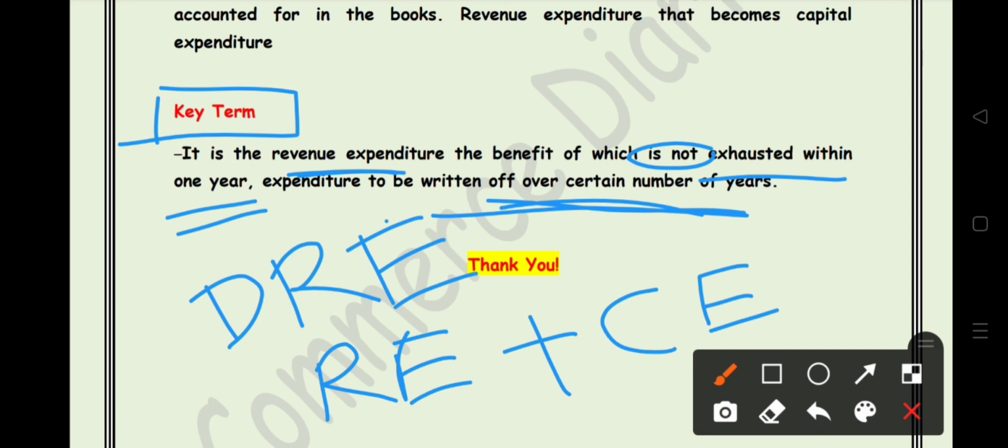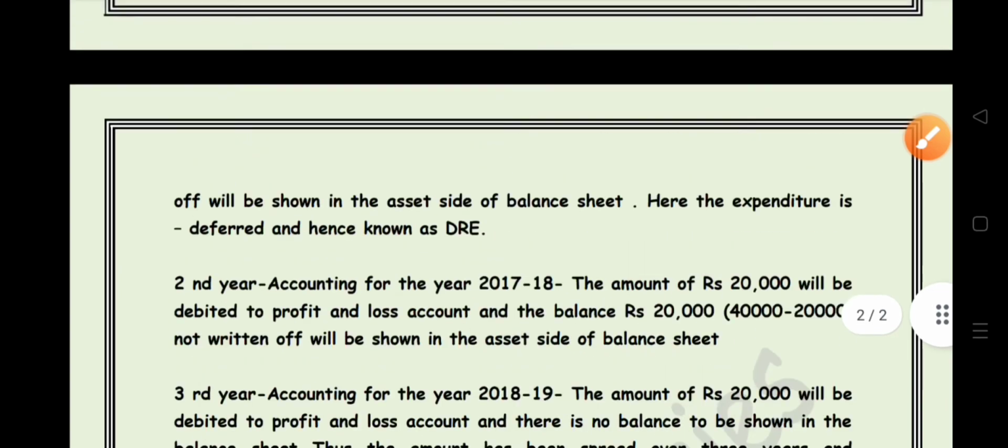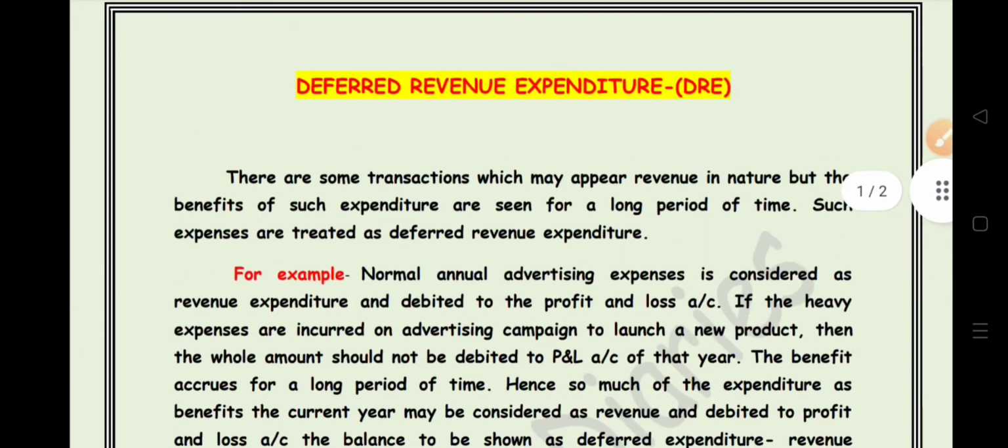Initially we will treat it as a revenue expenditure, but the benefit will be available for a longer period of time, which is one of the features of capital expenditure. So it has the features of both, but we must know that we should charge the expenditure in the current year as revenue, and we will write off the rest in the succeeding years as we avail the benefits. Okay, so this was all about this small but important concept, the deferred revenue expenditure.